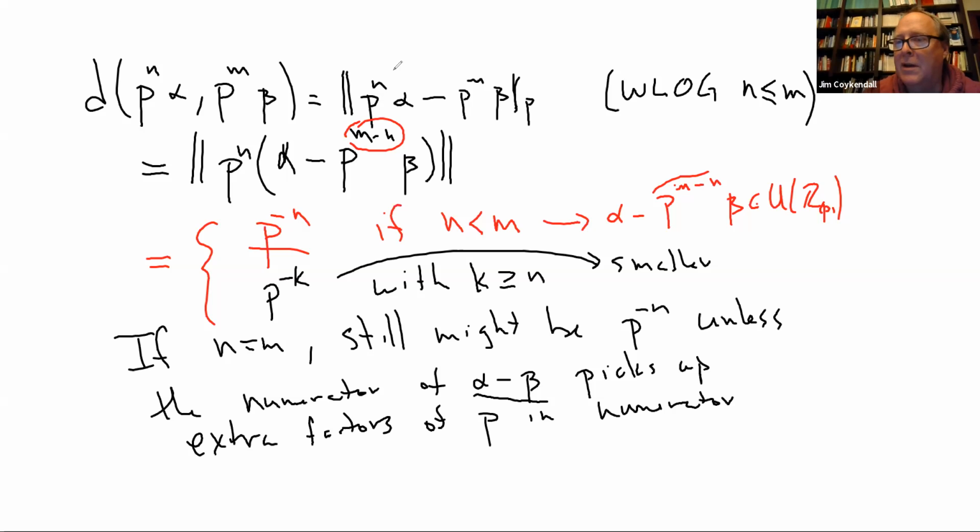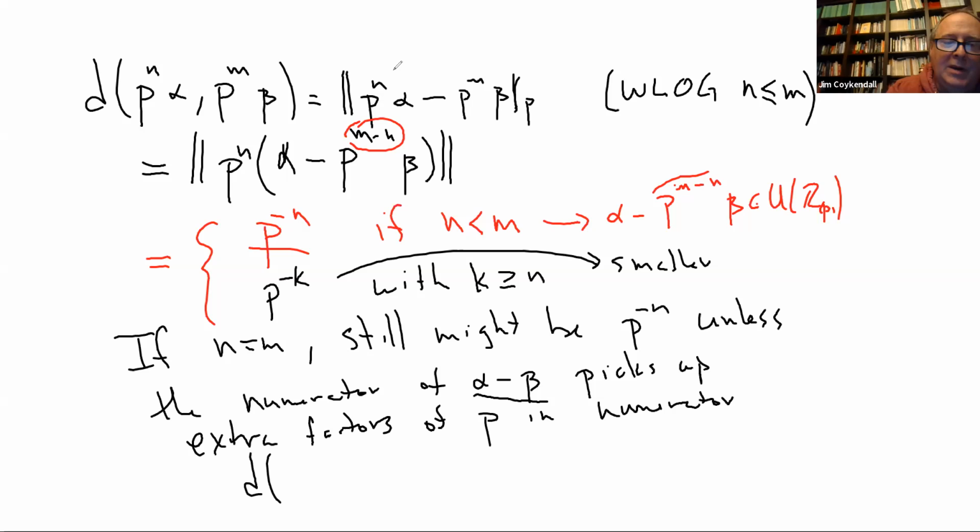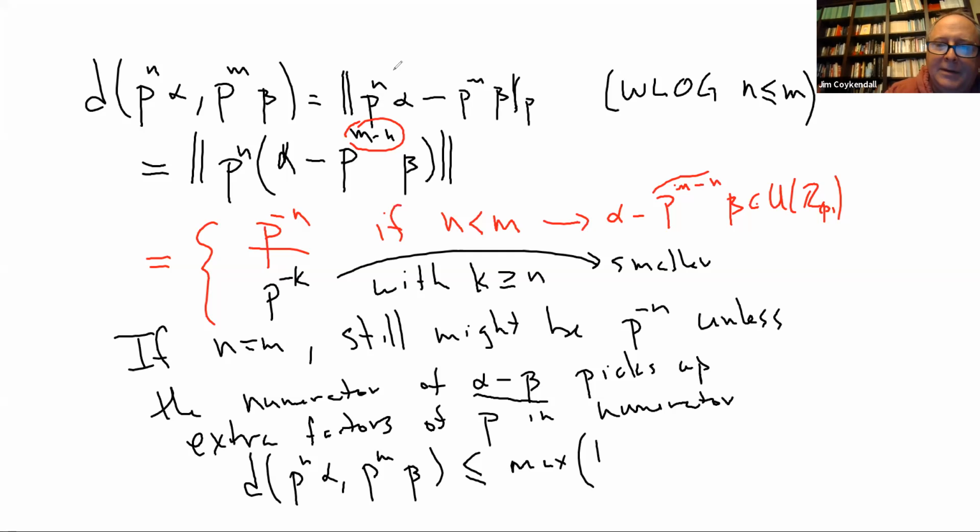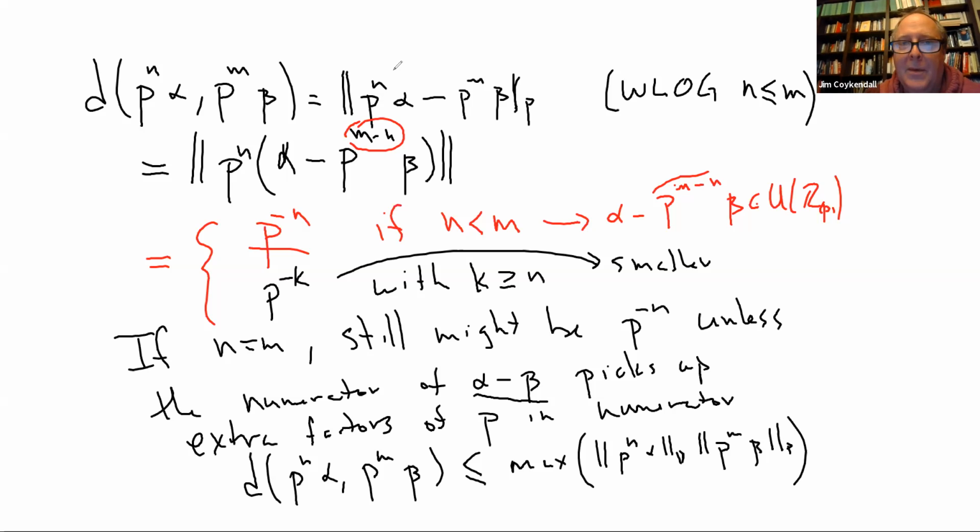So we have the triangle inequality, right? Because the distance between Pn alpha and Pm beta is less than or equal to the max length of Pn alpha. Right?